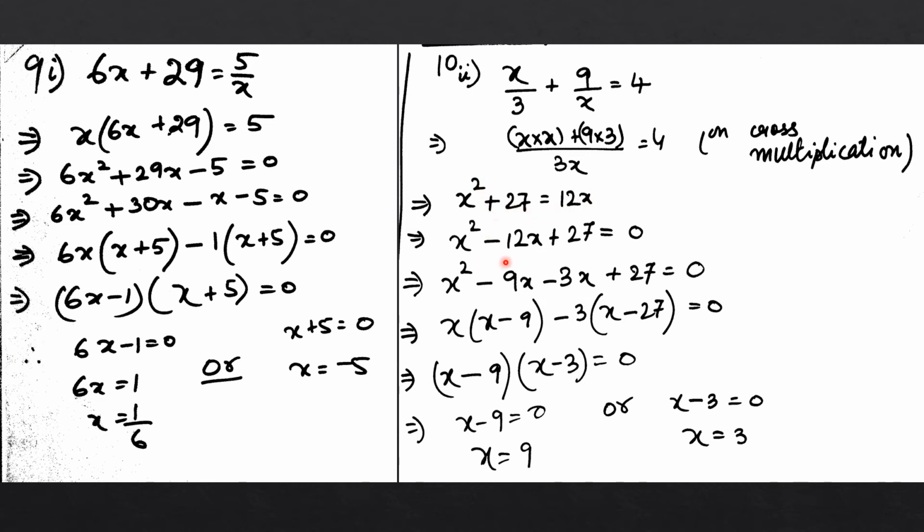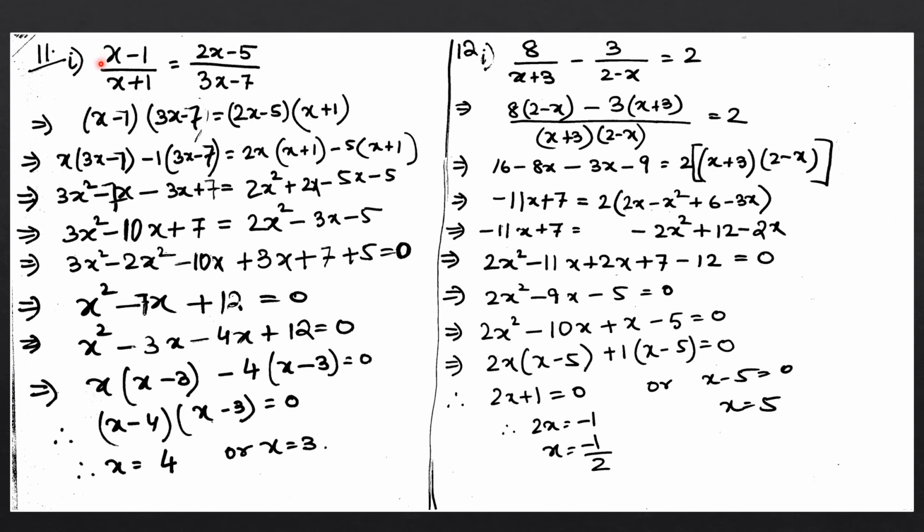So x square minus 12x plus 27 is equal to 0. On expanding this, we know that minus 9 and minus 3 gives minus 12, and 9 into 3 is 27. So we can expand it in this form, and we can group them in this way. So we get (x minus 9) into (x minus 3) is equal to 0. So x will be 9, or x can be equal to 3.